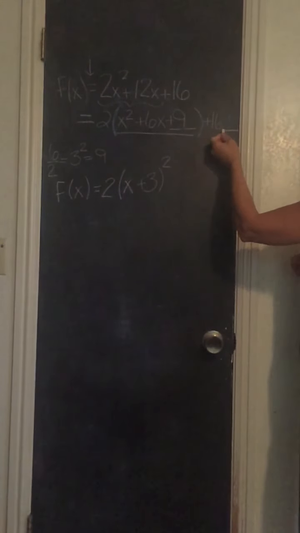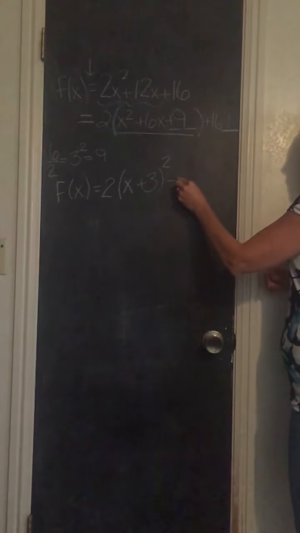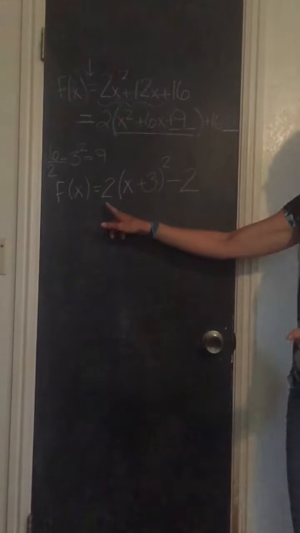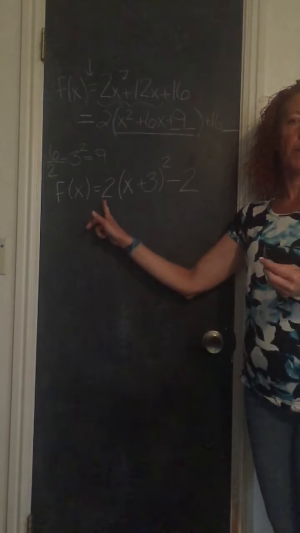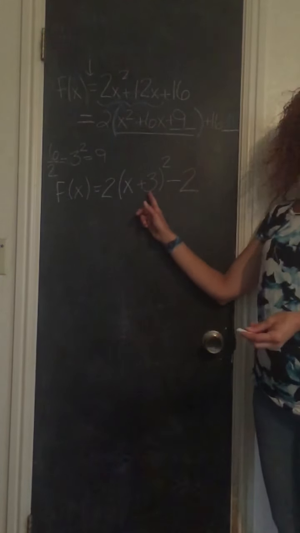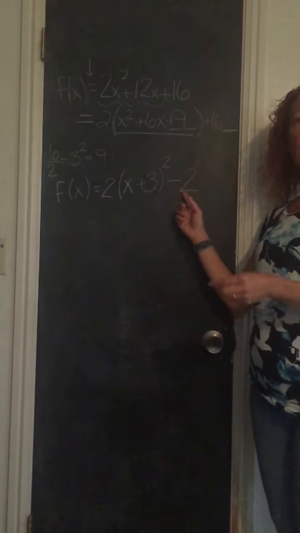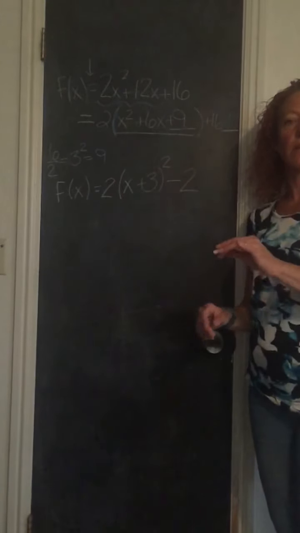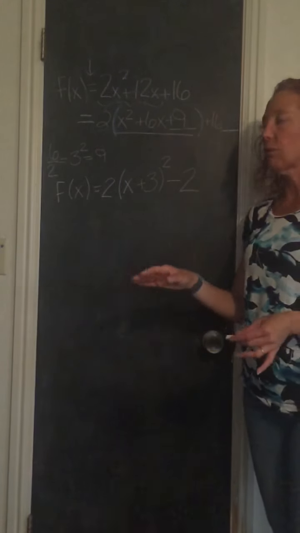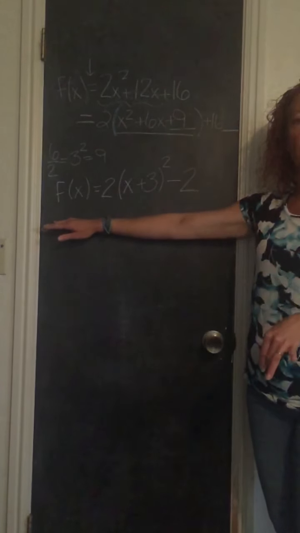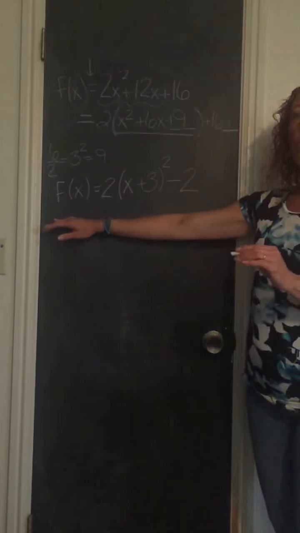A positive 16 and a negative 18 is minus 2. We know this parabola is going to be narrow. It's going to open up. Its vertex is going to be at (negative 3, negative 2). We know where the axis of symmetry is. So if on your homework it asks you to graph, this is why you did this whole process, to get it to this form so you could graph it easily.